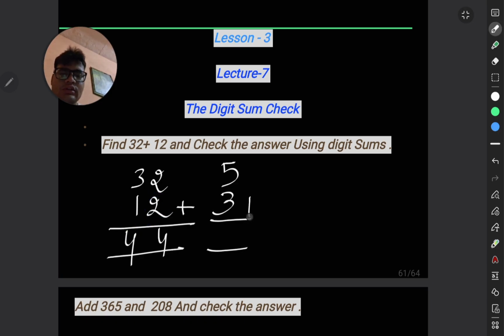So the digit sum of 32 is 5 and the digit sum of 12 is 3.